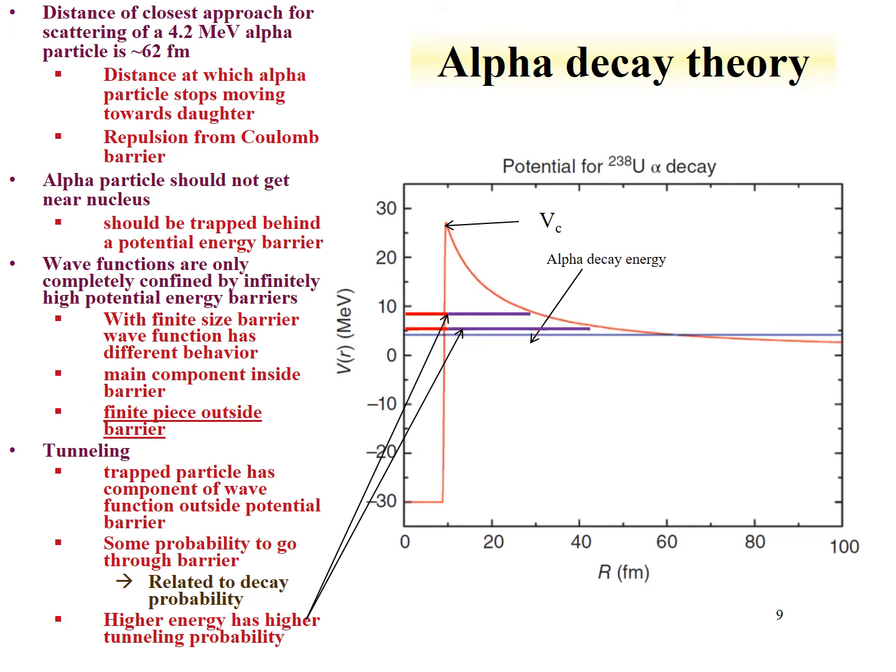The higher energy has a shorter barrier to penetrate, therefore it would have a higher probability of tunneling through that barrier. And this is why we see a relationship between a shorter half-life and a higher energy. Imagine if you were very close to the Coulomb barrier, you have a very small barrier to penetrate through, so the probability of penetrating the barrier would be very high.